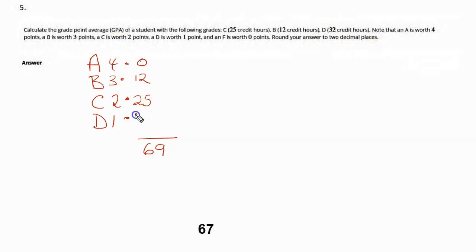They had 32 credits. So when we add this up, we get 118. And then we divide by the number of credits they took. And this gives them a GPA of 1.71 that they want rounded to 2 decimal places.